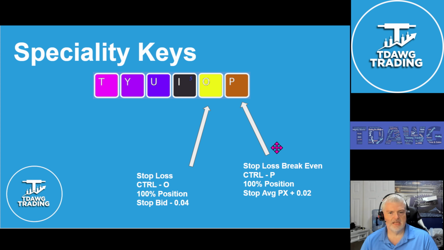I'm going to risk those 10 cents to make a much bigger move. So I'll hit that Control P key, and that will look at my average position and add 2 cents. So if it comes down and hits it, it doesn't guarantee that I'll break even, but it will likely allow me to break even on that trade, giving me enough slippage to typically break even.